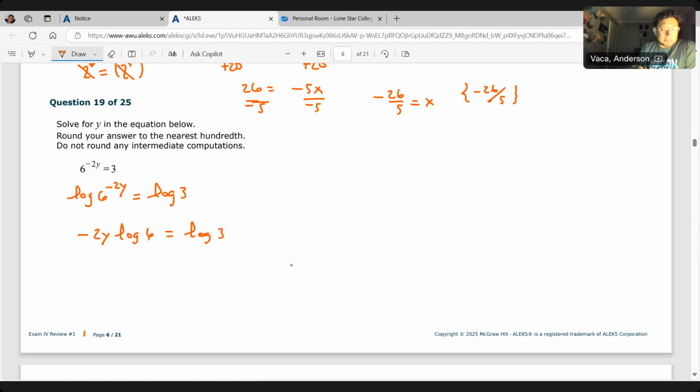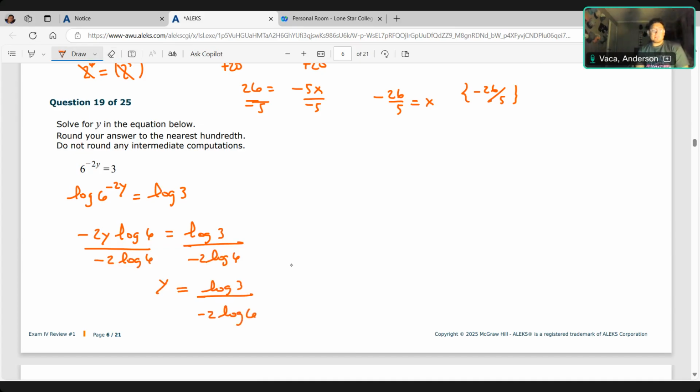And then we see that this is nothing but a multiplication, so we're going to divide by this quantity, negative 2 times logarithm 6. So we get that y is equal to the logarithm base 10 of 3 divided by negative 2 times the logarithm base 10 of 6. What does it say? Round your answers to the nearest hundredth.